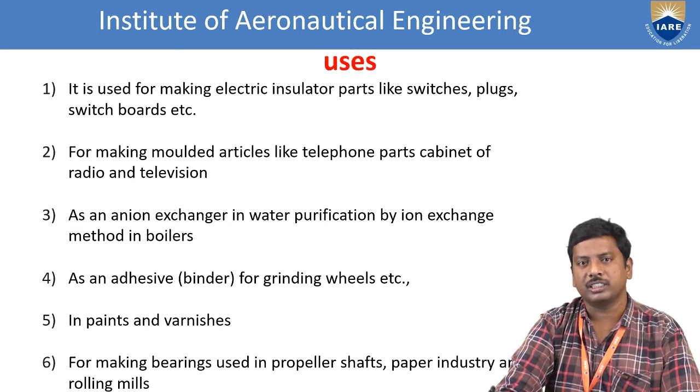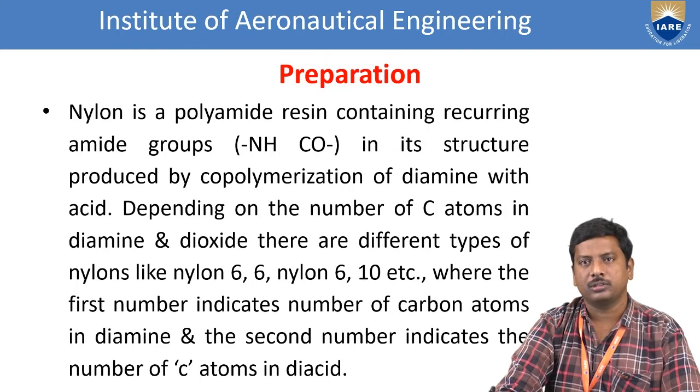Next, we move to the second compound, nylon 66. First of all, we see the preparation of nylon 66. Nylon is a polyamide resin containing recurring amide groups, that is, NH and CO in the structure, produced by the copolymerization of a diamine with a diacid.